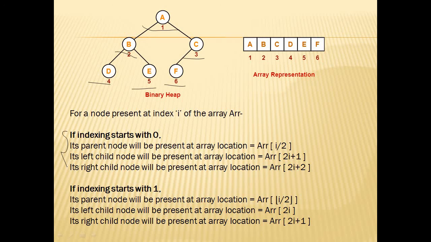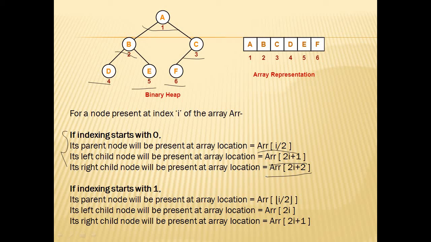If you assume indexing starts with 0, then the parent node of element i will be at array location i by 2. The left child will be at array location 2i plus 1, and the right child at 2i plus 2.